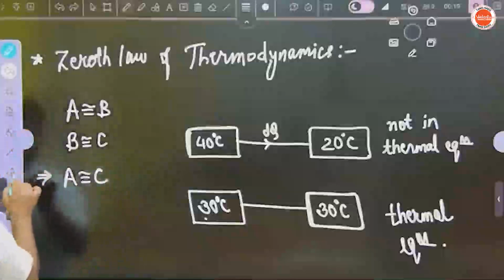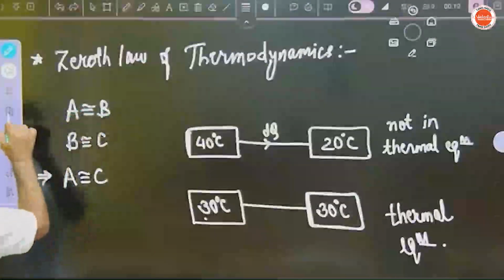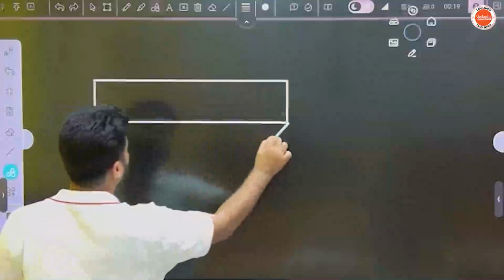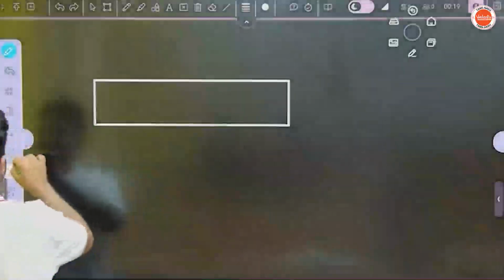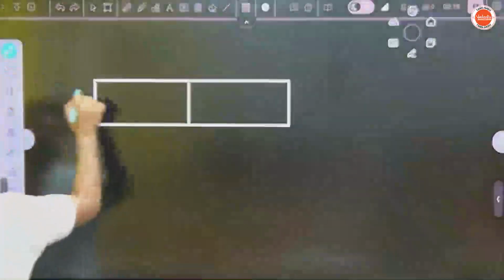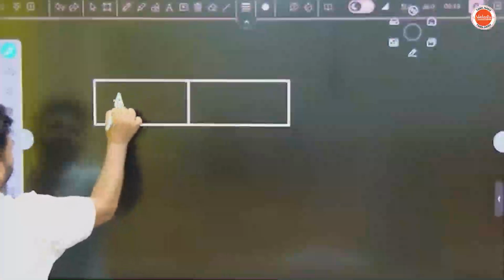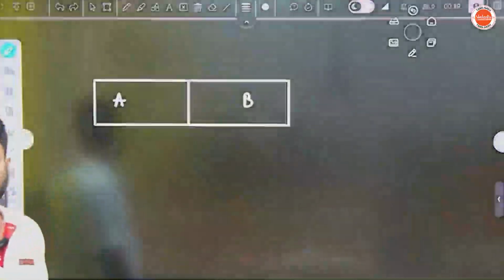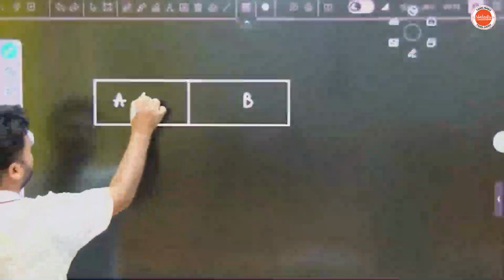So what is the zeroth law? It is saying that if body A is in thermal equilibrium with B, suppose this is body A and this is body B. Body A is in thermal equilibrium with body B. Suppose this temperature is 40.